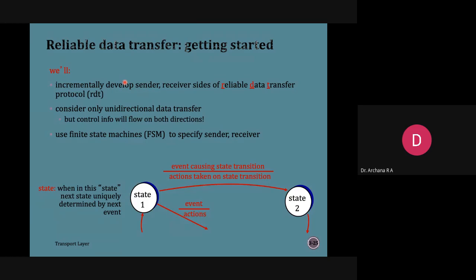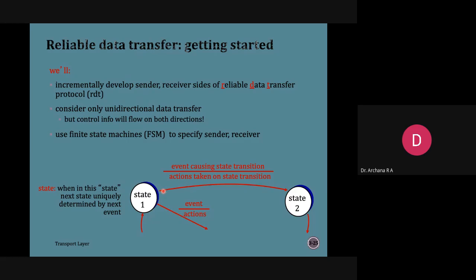We are going to add some events to the sender and the receiver, upgrading our version in order to achieve reliability in the communication between the sender and the receiver. We will keep on adding different versions and events, because at the end, the main aim is to achieve reliability.